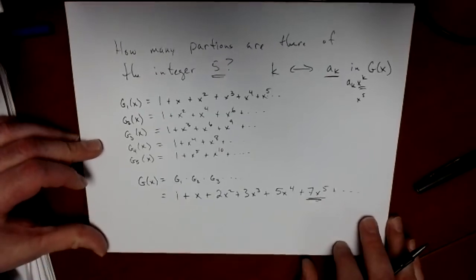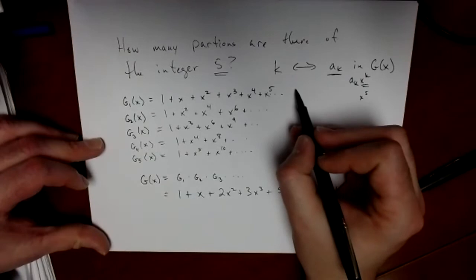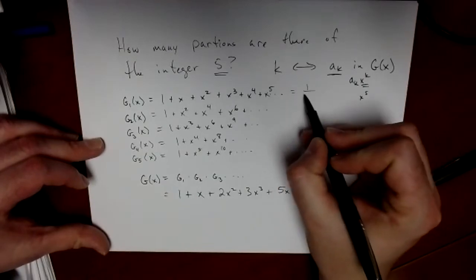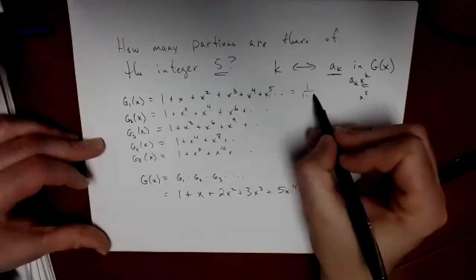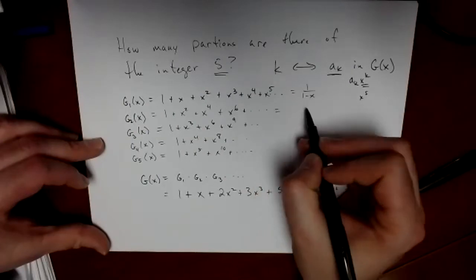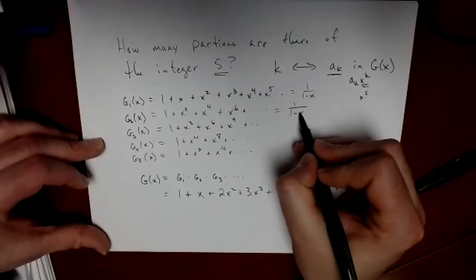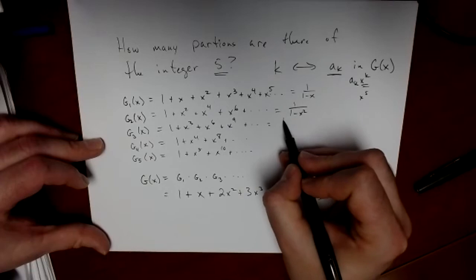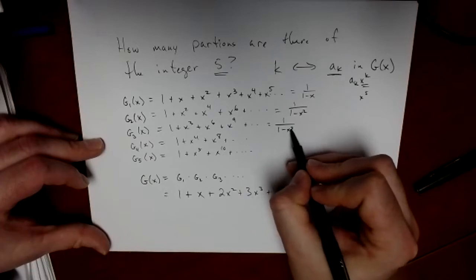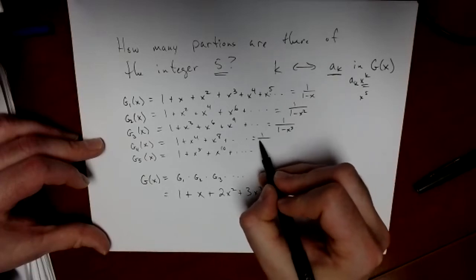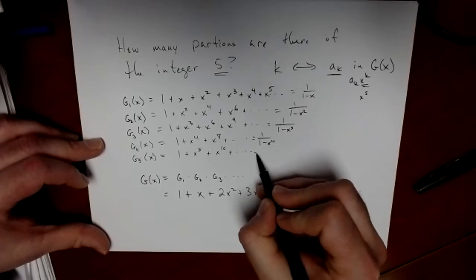So what we have here is that G1 equals 1 over 1 minus x, and G2 is 1 over 1 minus x squared, and G3 is 1 over 1 minus x cubed, and so on.